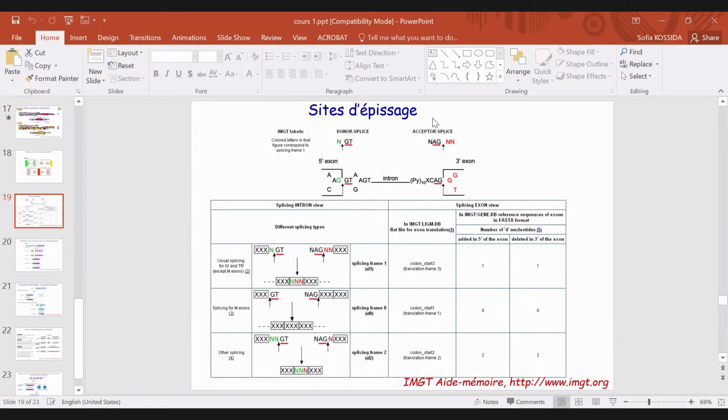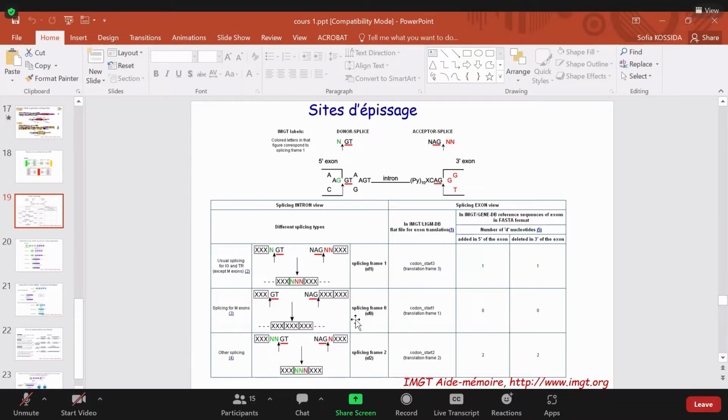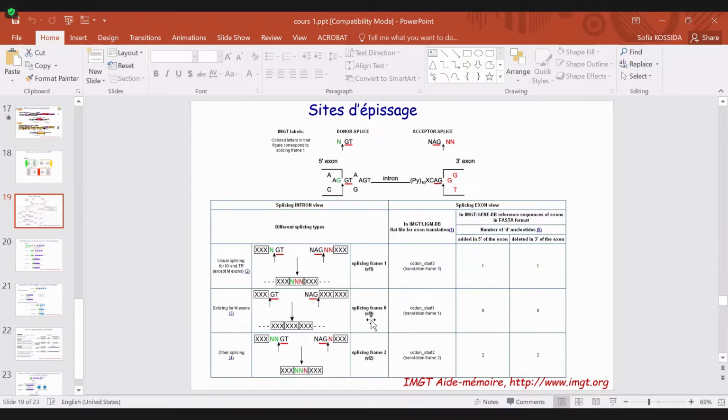What I would like to describe at this table here are the different splicing types. There is splicing frame 1, SF1, splicing frame 0, SF0, and splicing frame 2, SF2.